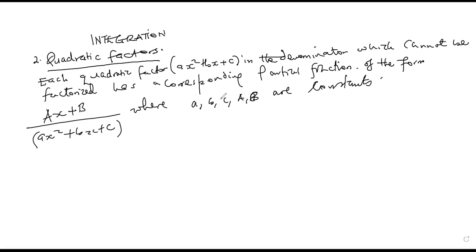What do I mean by this statement? Here, in the denominator, the moment you find a quadratic expression that cannot be factorized, what you do, you just express that quadratic expression in this form, ax plus b.